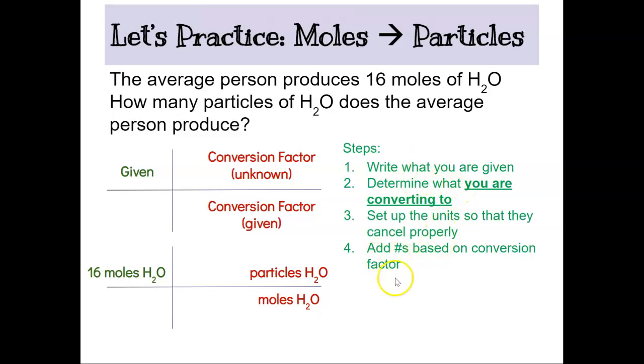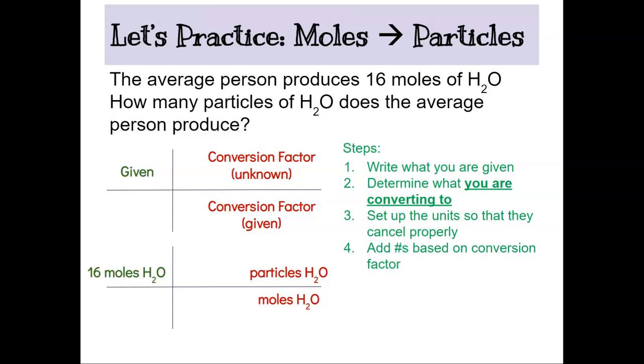Now 4 is to add the numbers based on the conversion factor. For these problems, your conversion factor will be 1 mole is equal to 6.022 times 10 to the 23rd particles. The 1 will always go with the mole, and the 6.022 times 10 to the 23rd will always go with the particles.